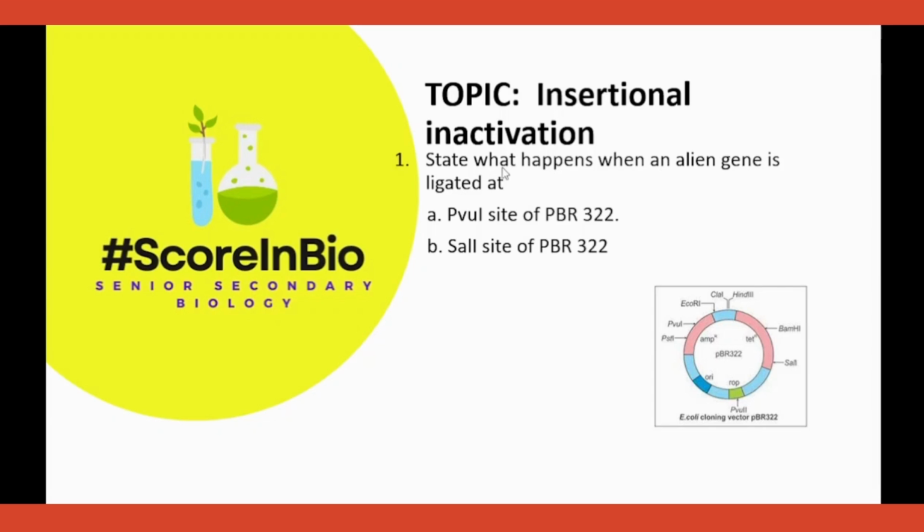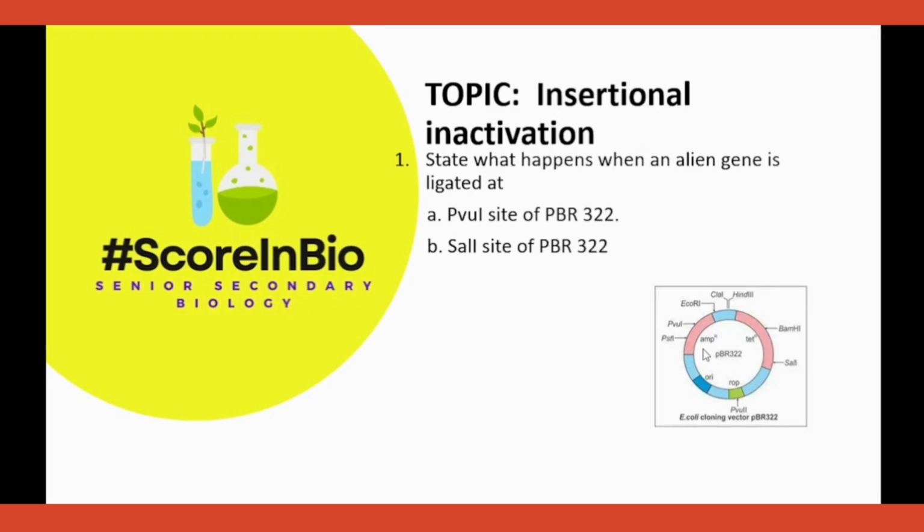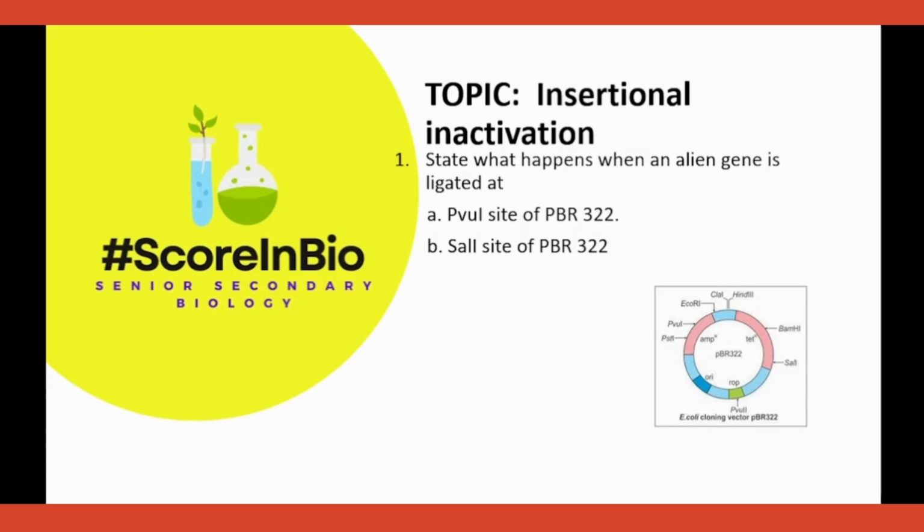State what happens when an alien gene is ligated at the PvuI site of pBR322, or the SalI site of pBR322. For that, you should be able to draw the pBR322 structure by yourself.